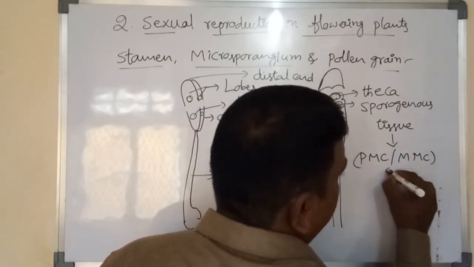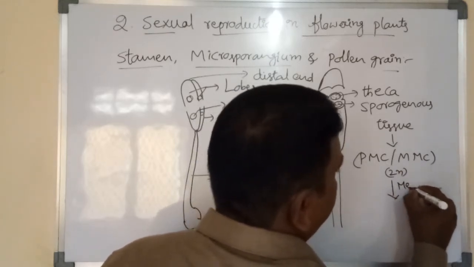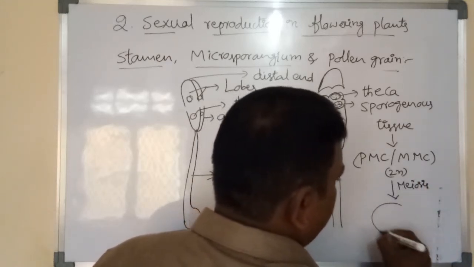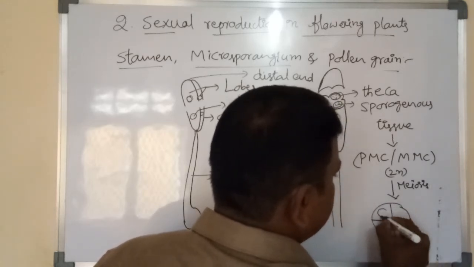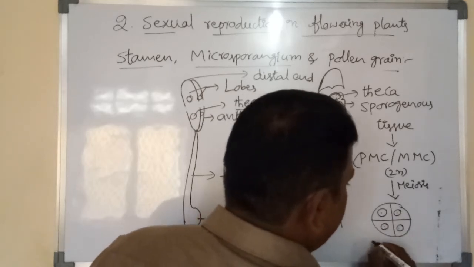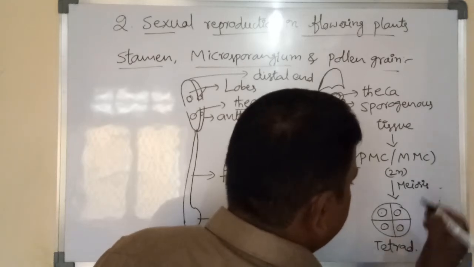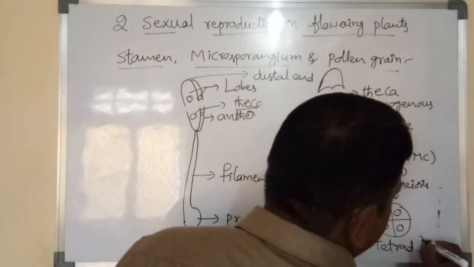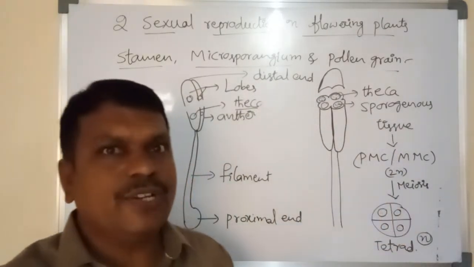Its ploidy is 2n, diploid. Microspore mother cells undergo meiosis to form four microspores, called microspore tetrad. Understood? The ploidy of microspore tetrad is haploid because meiosis is reduction division.